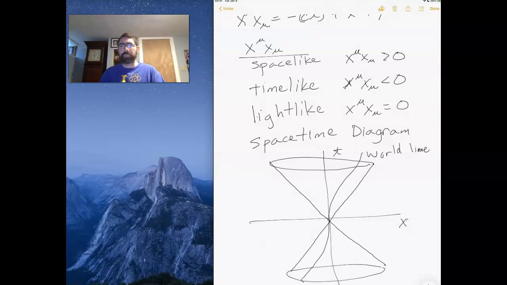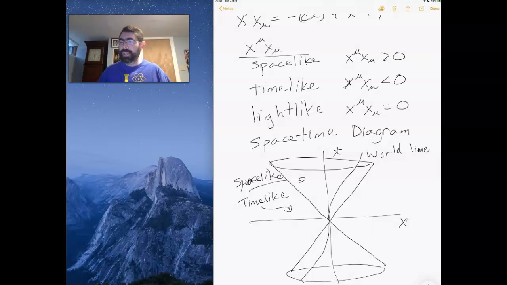And so now if we map out the regions inside this cone, you are space-like. And that means you could communicate with other world lines inside that cone with information, because that information can travel less than the speed of light. If you're outside here, in this region, that's time-like.